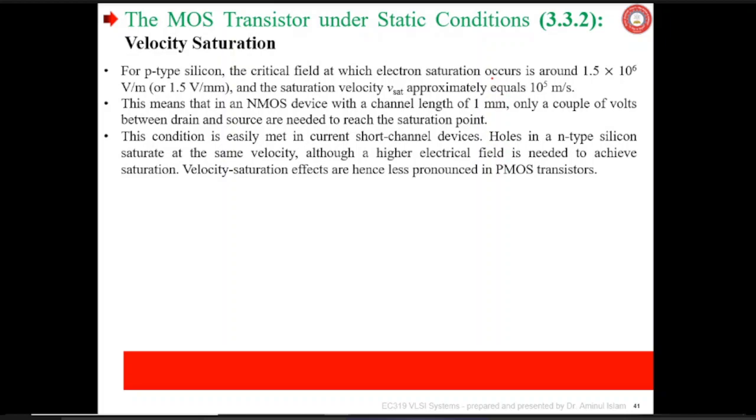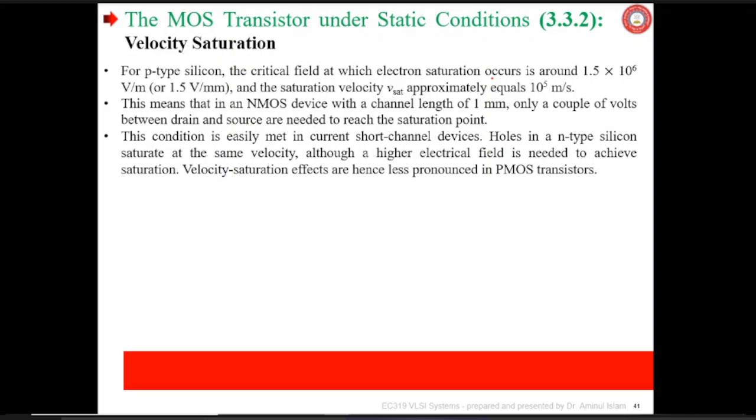This means that in an NMOS device with a channel length of 1 micron, only a couple of volts between drain and source are needed to reach this saturation. And we have seen in the previous discussion that the horizontal field increased 16.6 times, and the vertical field by more than 150 times.